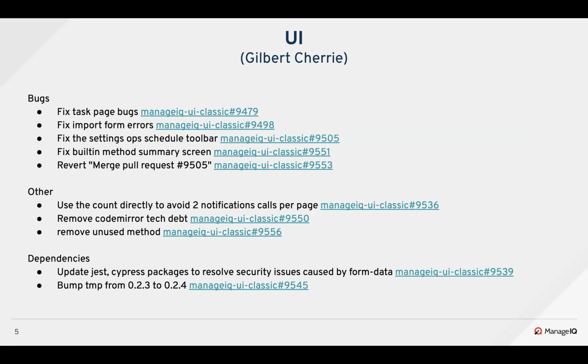I removed some CodeMirror technical debt, and we had a community remove unused method PR that was merged. For dependencies, Elsa updated Jest and Cypress packages to resolve form data security issue, and the MIQ bot updated TMP from 023 to 024. Next page.